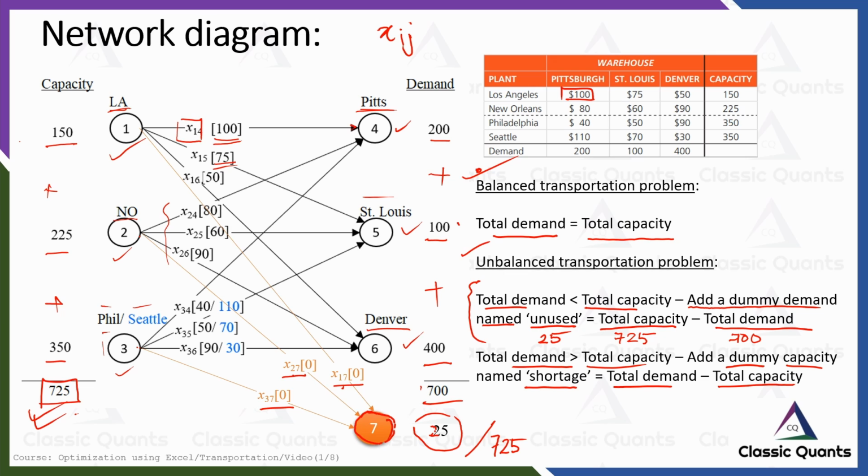And what will be the cost? Traditionally or customarily, you must include 0 cost for any dummy demand or dummy capacity that you will define in order to balance any transportation problem. So the cost per unit for the dummy center will always be 0.